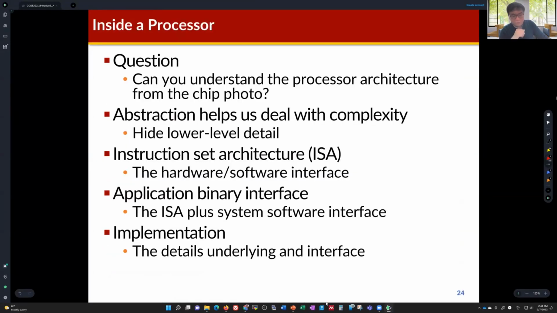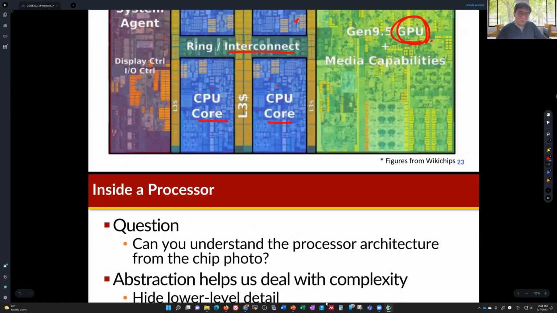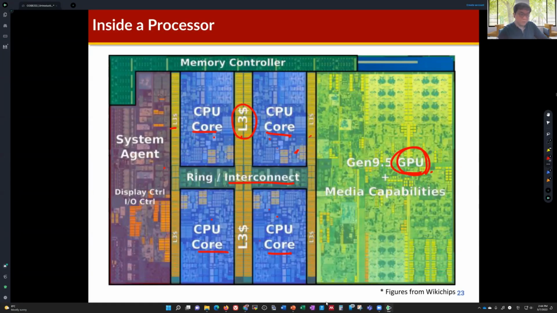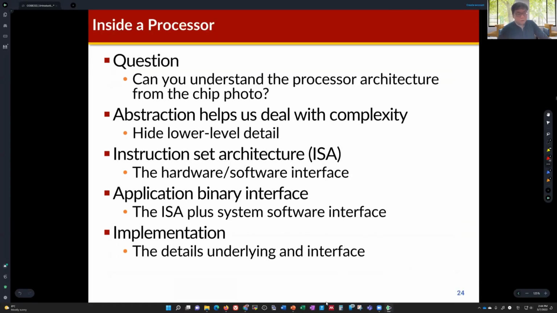Okay, it's a very complex system, but it's a simplified system. And with the simplified system, we can understand something about the system. So why do we learn computer architecture?